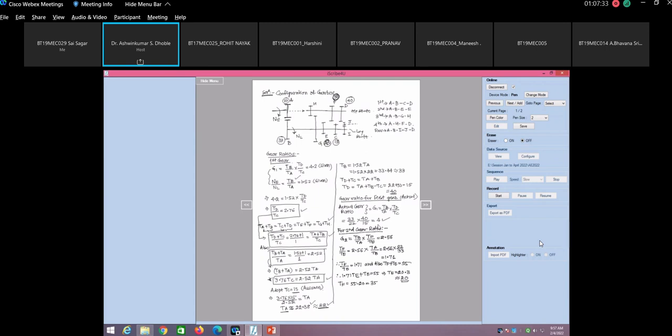Okay, so now actual gear ratio G2 becomes 33 by 22 multiplied by 35 by 20. This comes out to be almost 2.625.